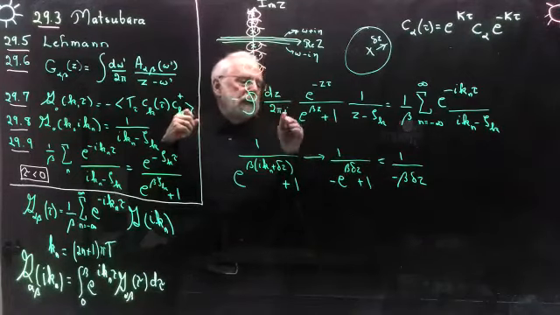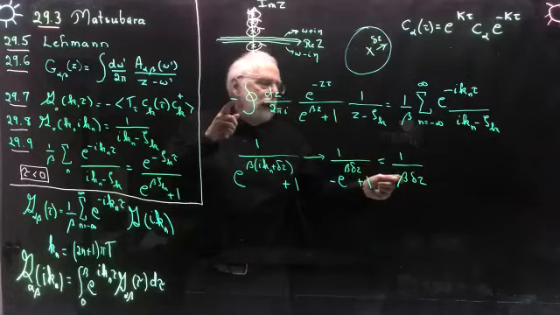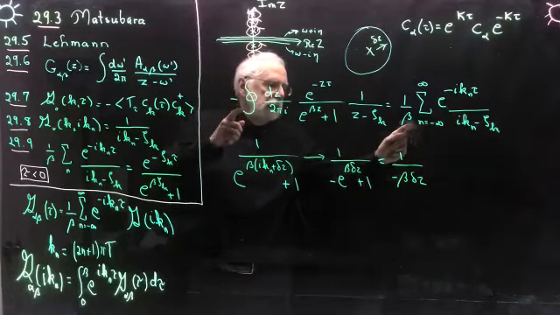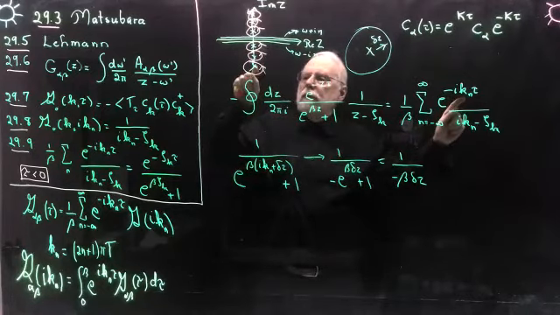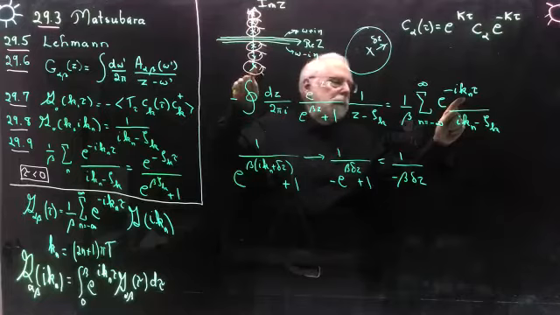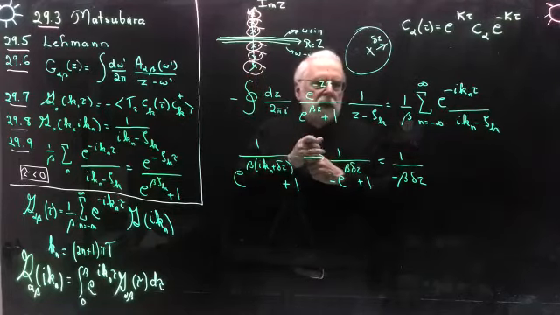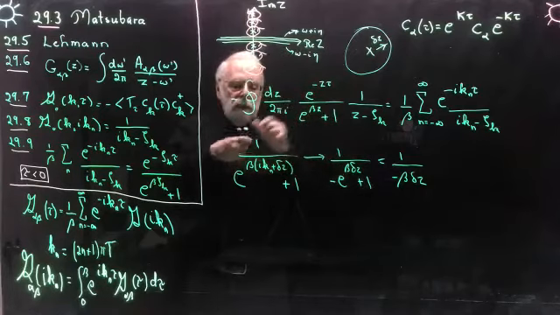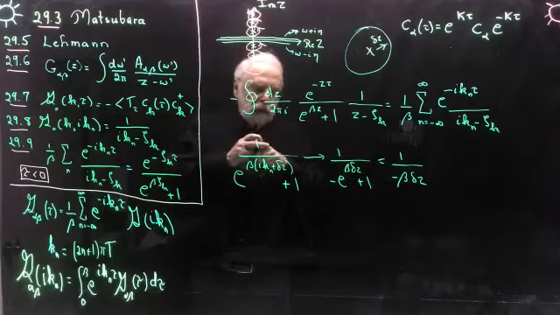The 2 pi i disappears, the residue is 1 over minus beta, so the minus disappears and the beta is this. This becomes ikn because the residue is evaluated at this position, now ikn. Now, this is valid, I wrote this, but it is not general. This is just valid if tau is less than 0.